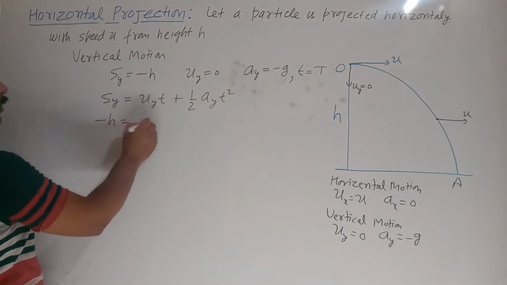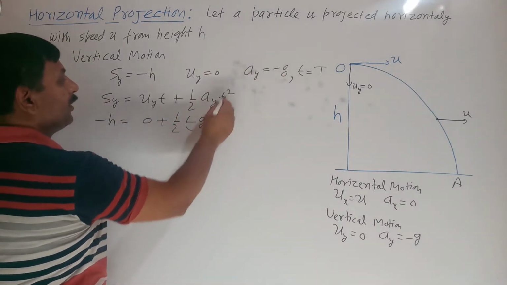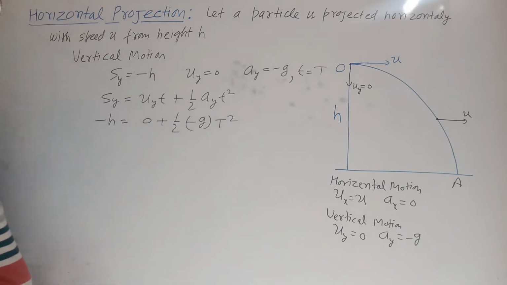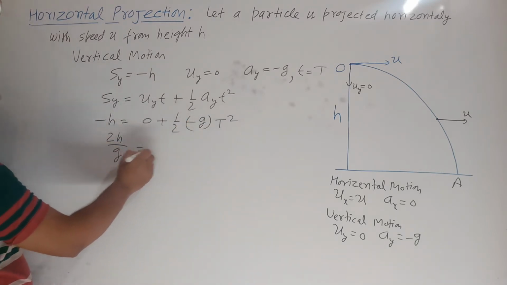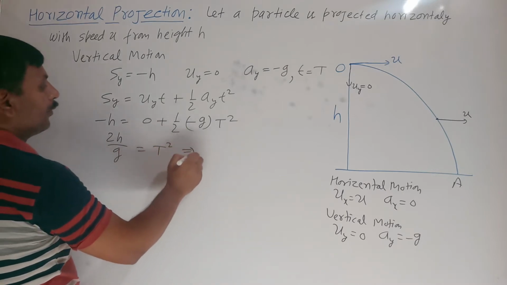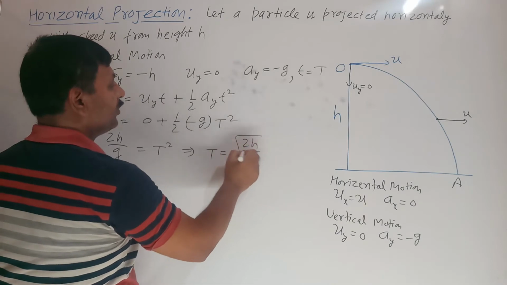Minus h = 0 + half, in place of ay minus g, t square. Minus cancels, so 2h upon g is equal to t square, or you can say the time of flight will be T = under root 2h upon g.